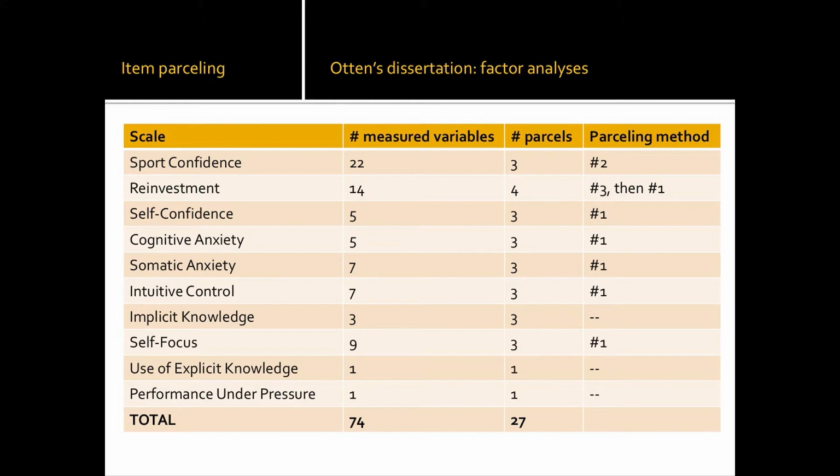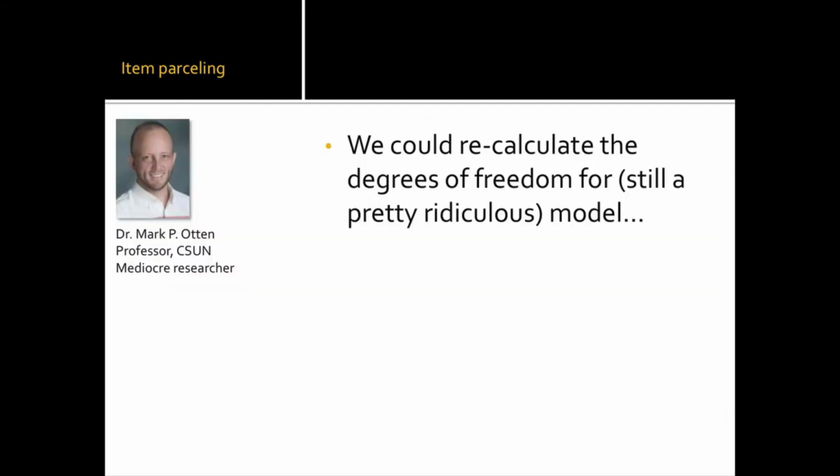For the remainder of scales, we just did some random assignment. So we got it down to 27 measured variables instead of 74, which is better. Still probably too big for 201 participants, but it was the best we could do, and ultimately this study was published somehow. So anyway, we could recalculate degrees of freedom here for still a pretty ridiculous model.